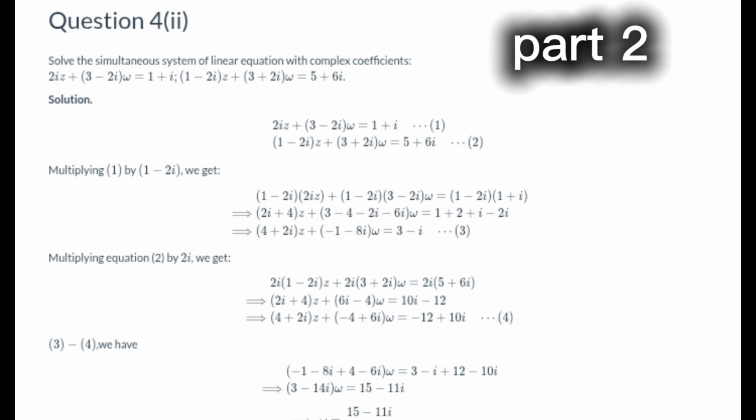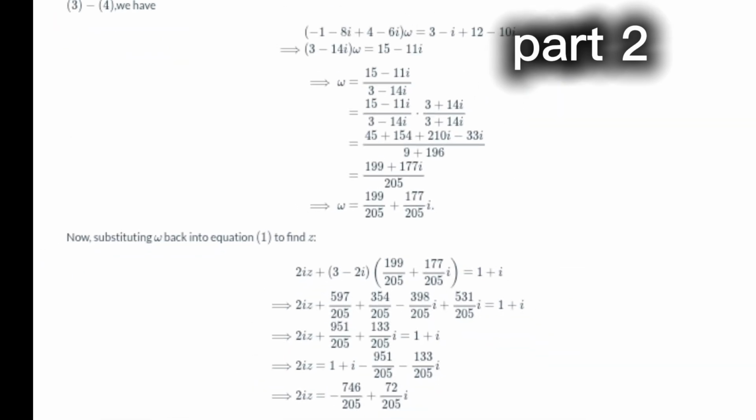Elimination method. We will eliminate w. Multiply. Multiply equation 1 by (1 - 2i) and equation 2 by 2i. Subtract and solve for w. Subtract the new second equation from the new first equation to solve for w. w result.